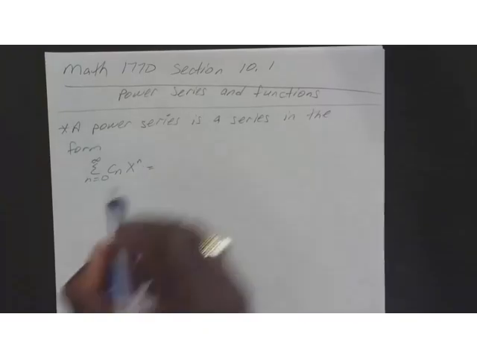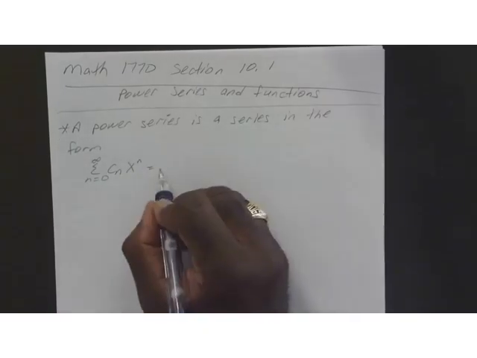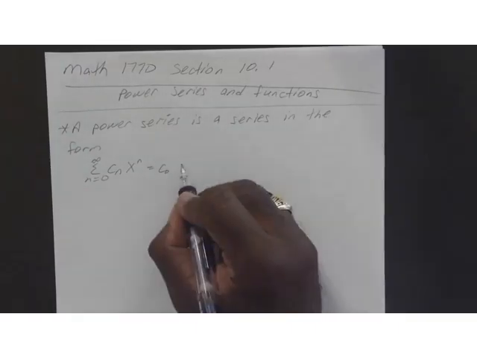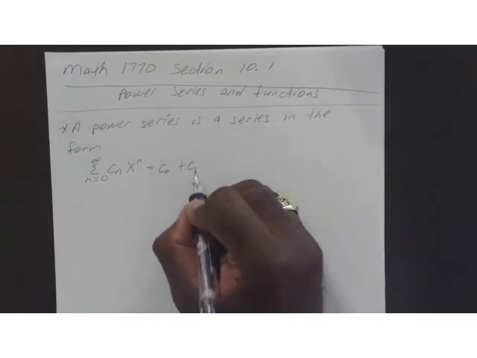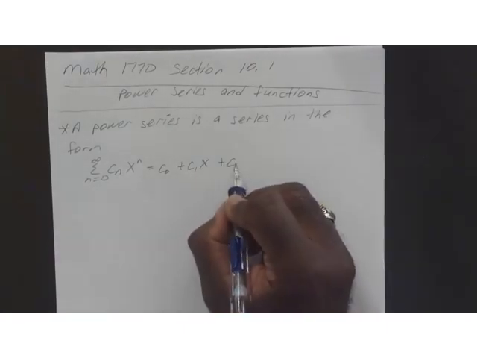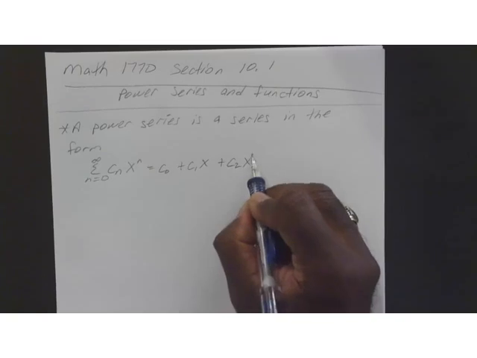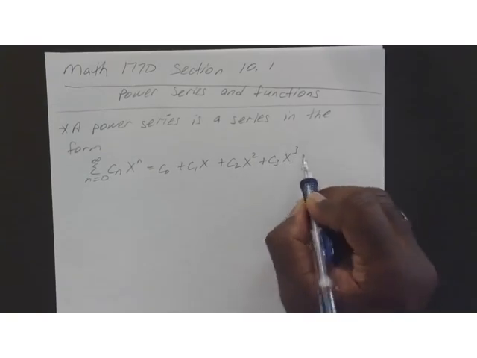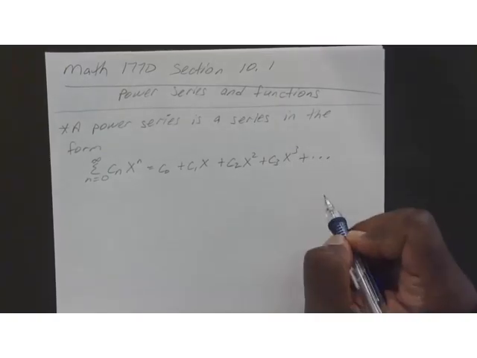When n is equal to 0, you have your initial constant, or your constant term, plus c sub 1 times x to the first power, plus coefficient number 2 times x squared, plus coefficient number 3 times x to the third power, and it keeps on going.